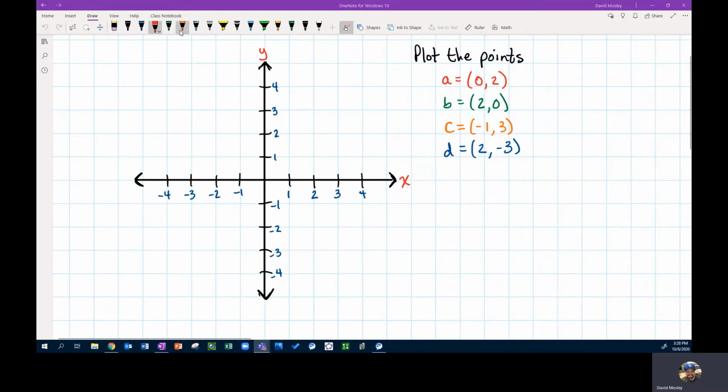First thing that I want to point out is that when you plot points, we use coordinates to identify where that point is. Right, so all of these here, these are coordinates.